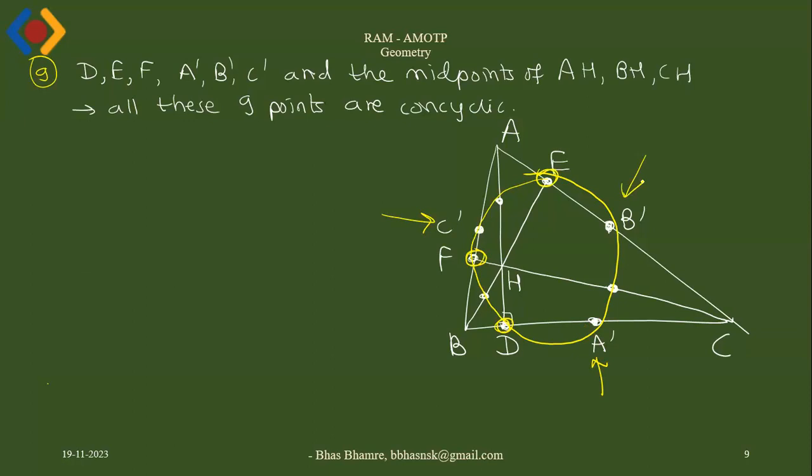Here we have the special case, the configuration of our 9-point circle, what we did on 29th October or maybe 5th November, I don't know. But according to my memory, 29th October we have seen. So these points being concyclic is a very typical, very famous result.